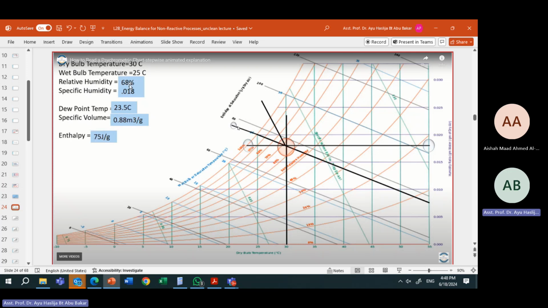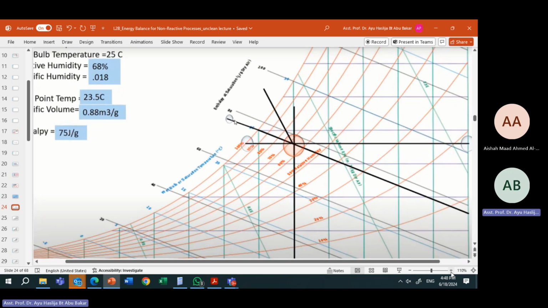Okay, so usually you will be given two conditions, dry bulb and wet bulb. In this example, dry bulb and wet bulb. So dry bulb, let's say 30 degrees C over here. Wet bulb, 25 degrees C. Okay, this line, wet bulb.